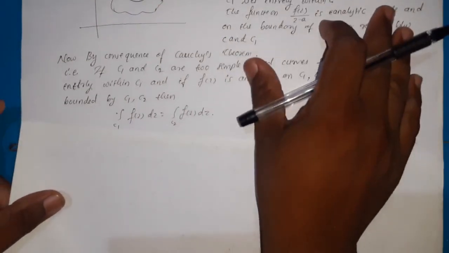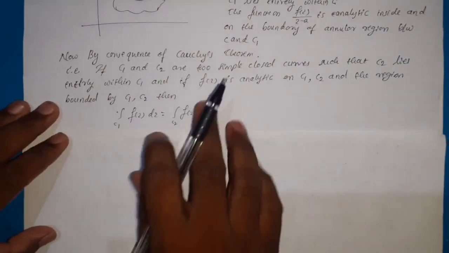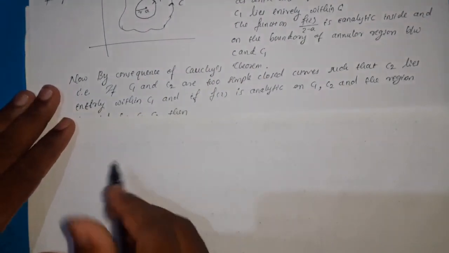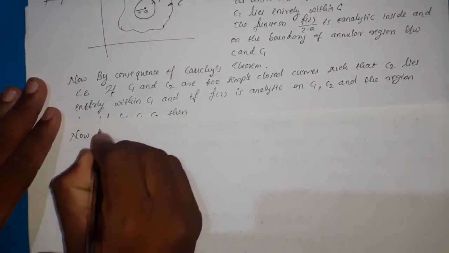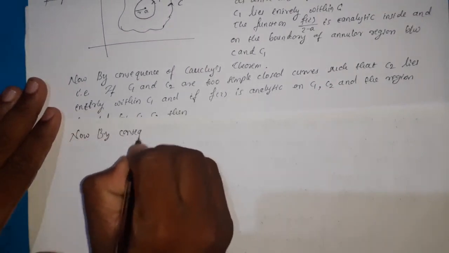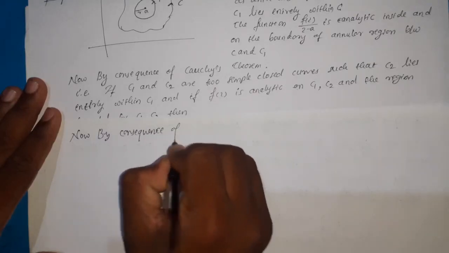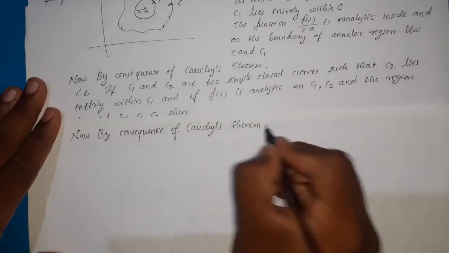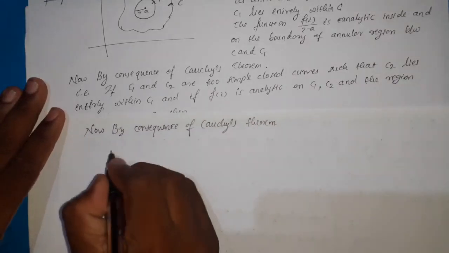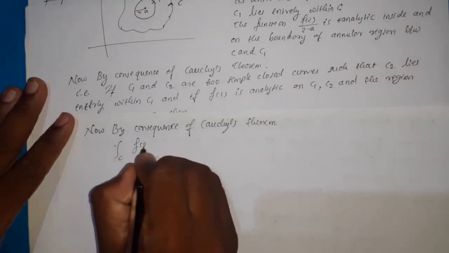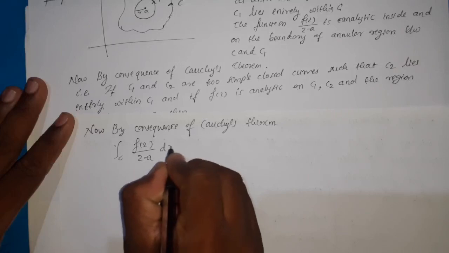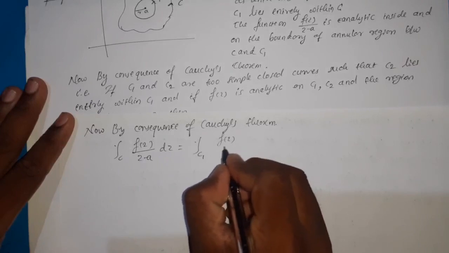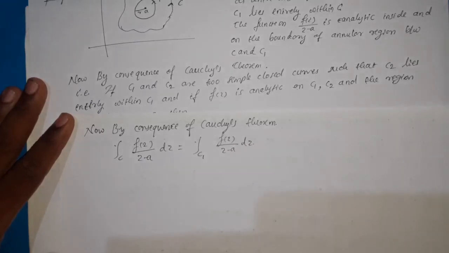So here let us apply this consequence to these two curves C and C1. Now by consequence of Cauchy's theorem, integration over C of f of z divided by z minus a dz is equal to integration over C1 of f of z divided by z minus a dz.